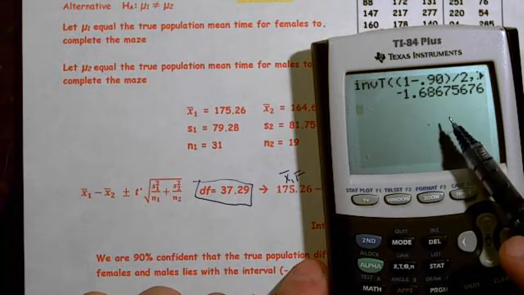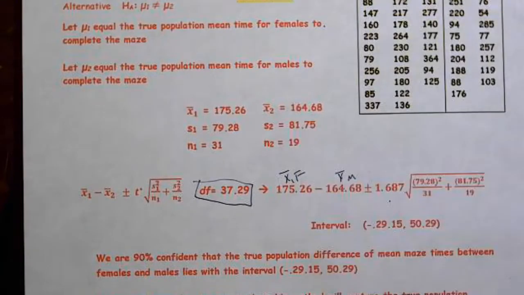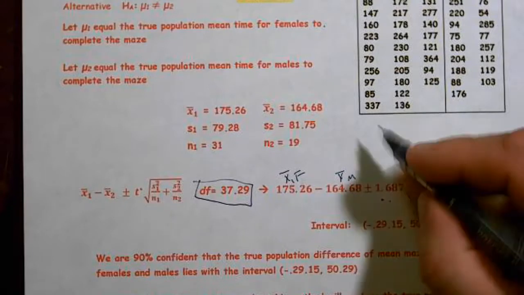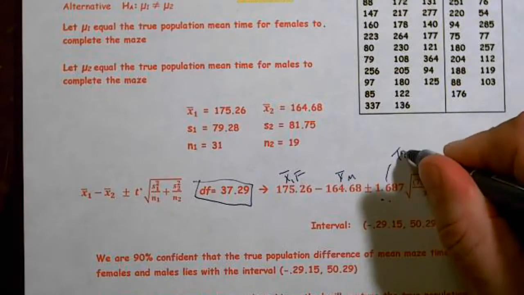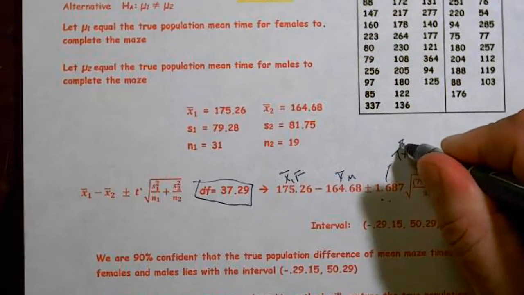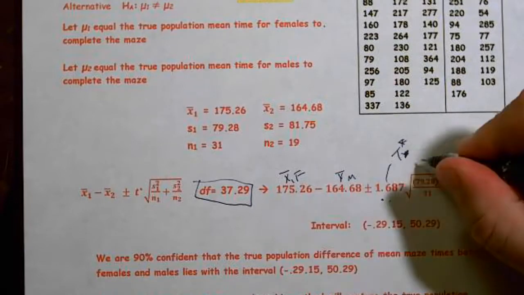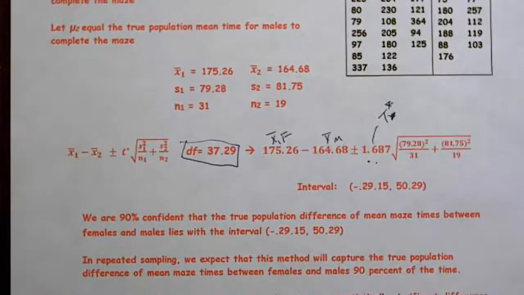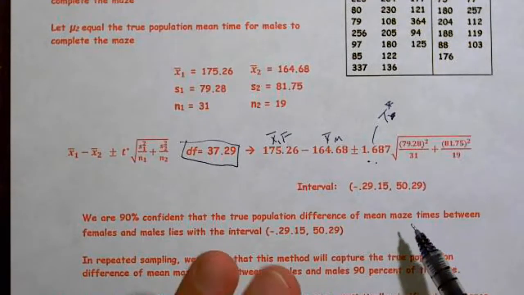We end up getting 1.686. And that's where that number came from. Okay, so this is my t-star, excuse me, t-star with 37.29 degrees of freedom.